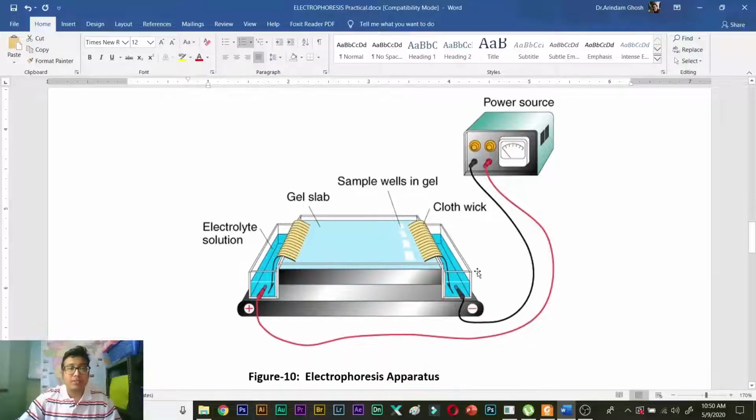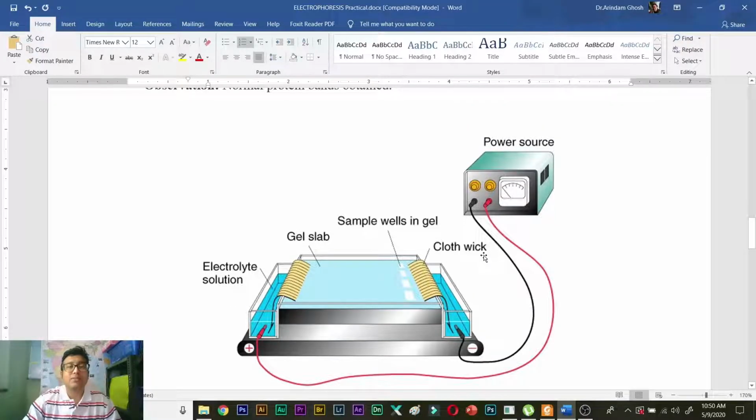So that being said, let us now see how this is done in real life. Mind it, this is a very schematic diagram, okay, just for illustration purposes. Nowadays it's available in automated fashion. So most of the labs do it in an automated manner.